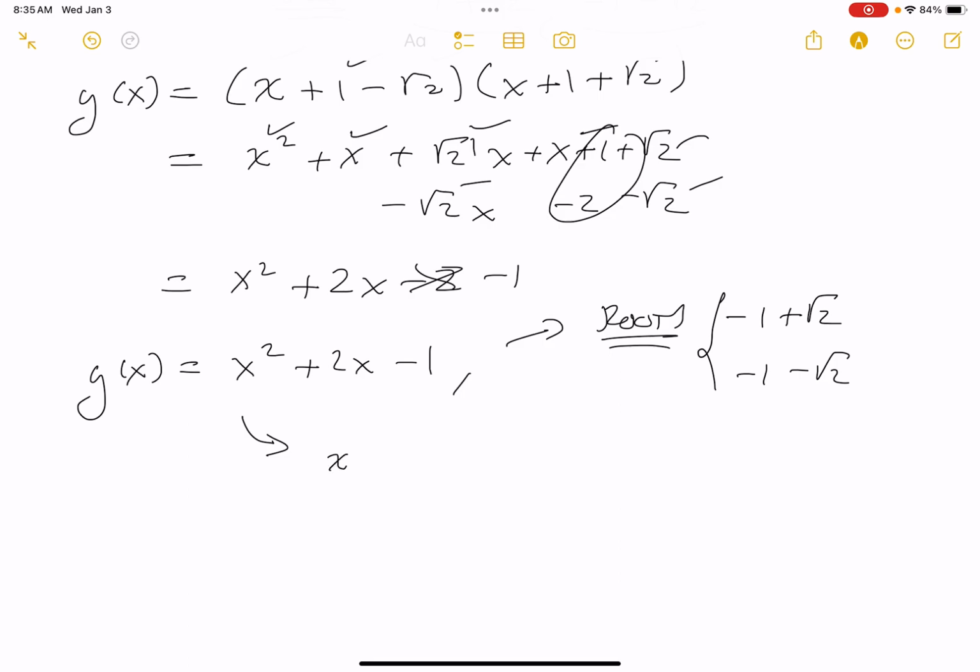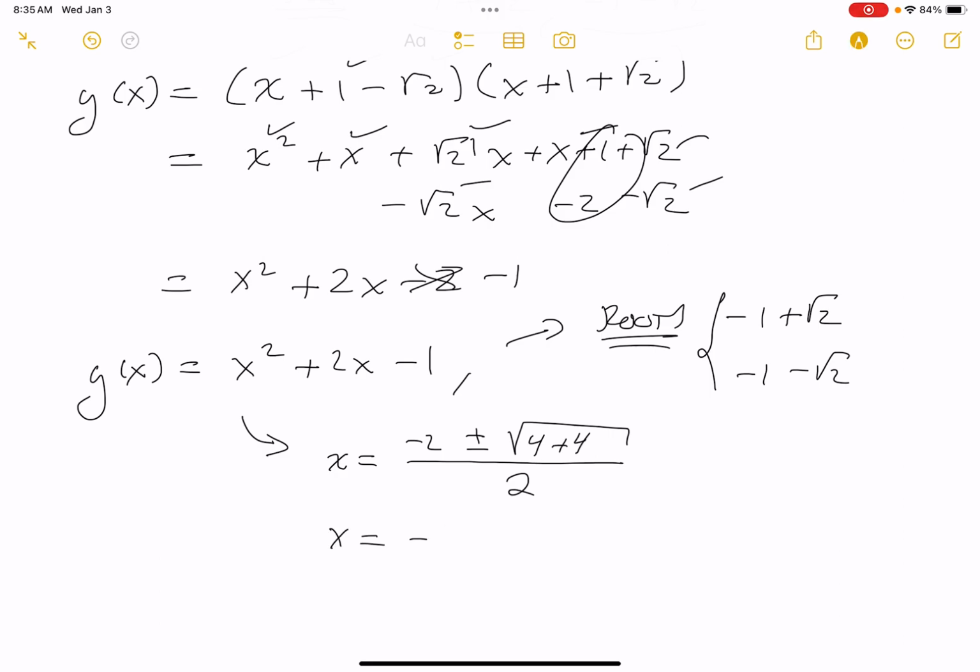You're going to get x equals, quadratic formula, by the way, minus 2 plus or minus the root of, let's see, b squared is 4 minus 4a c, minus 4 times minus 1, is plus 4.